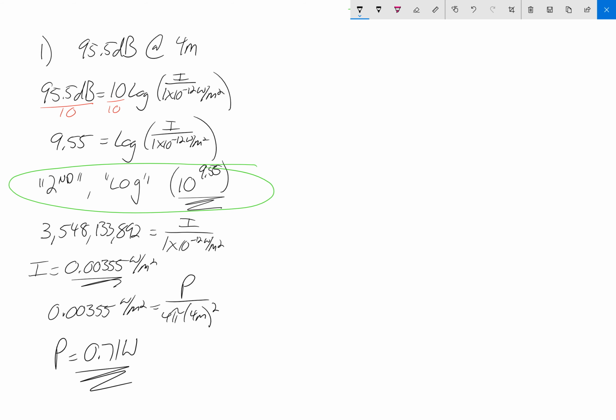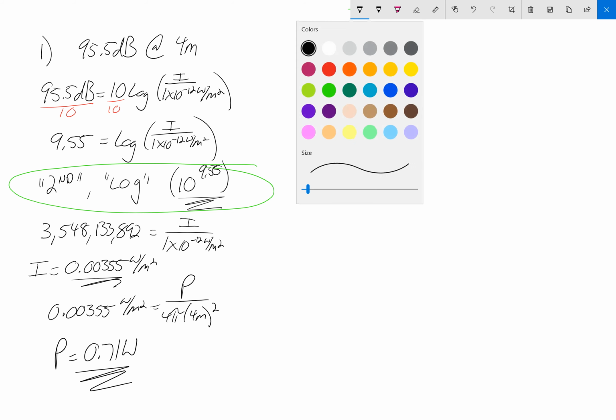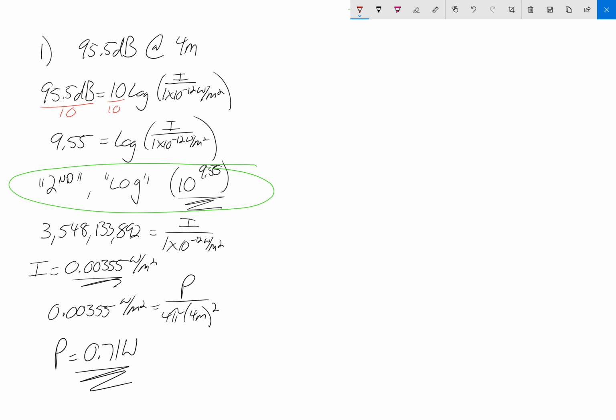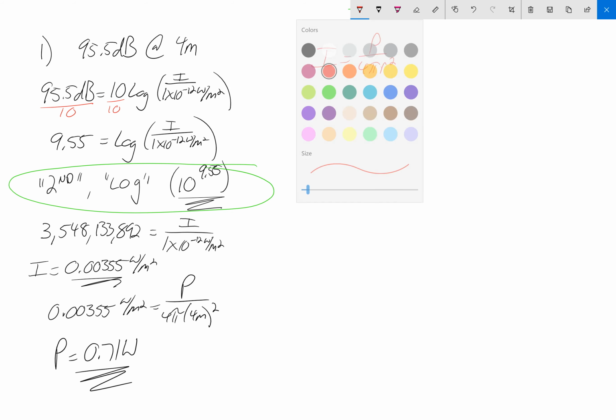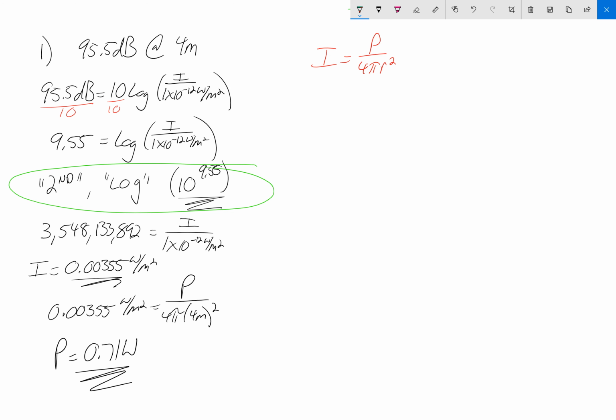Speaking of this expression right here, just going to sneak this in over here. I equals P over 4 pi r squared. This time I didn't forget the r. Please be careful. Very common mistake here.